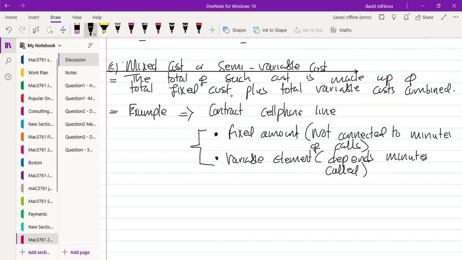But in some calculations that we do in management accounting, for example, if we are trying to do an income statement based on variable costing or marginal costing, right, we will need to separate the fixed cost from the variable cost.